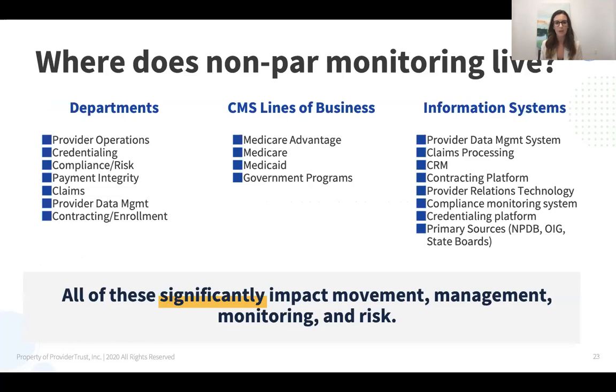But depending on how your plan is structured, there's probably better solutions in some of these departments than others. One of the things we find is that if you can tie the solution to a real strategic objective and align this ownership with those objectives, then we'll have a clearer path to success here.